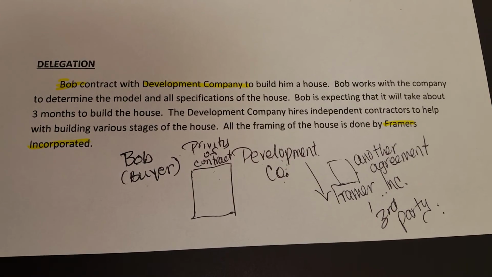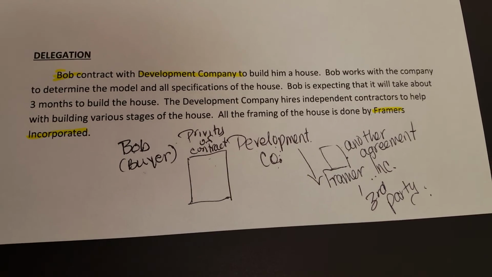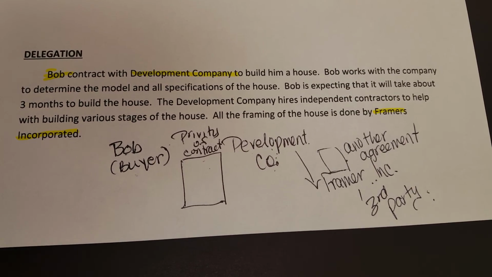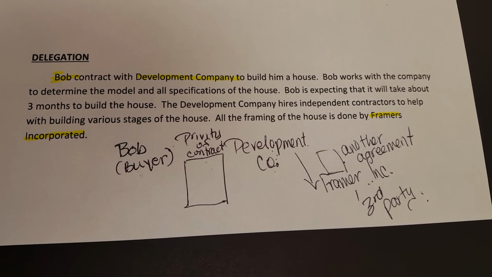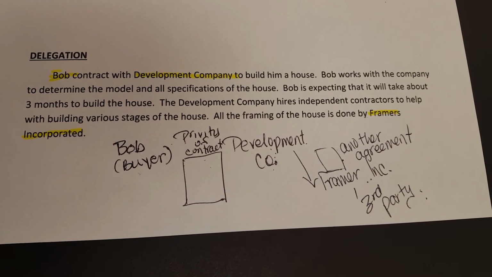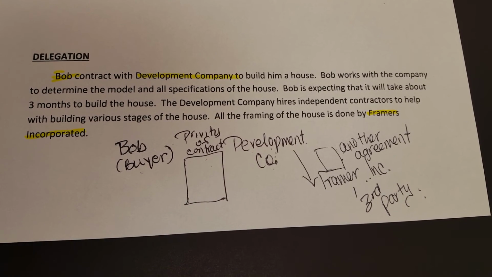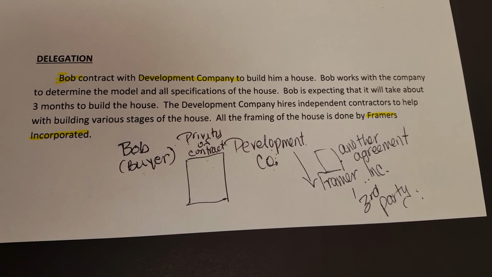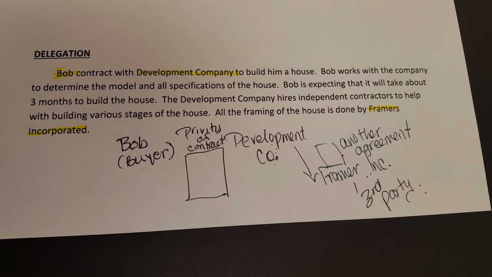So when you have a delegation, it's important to remember that most contracts may be delegated. There's only a few exceptions, and that's when they involve personal service contracts, calling for the exercise of personal skills, discretion, or expertise. You also can't delegate when the delegation would materially vary the contract.